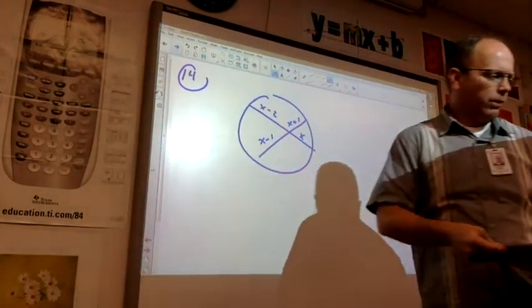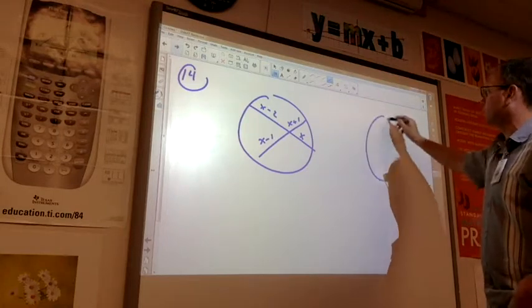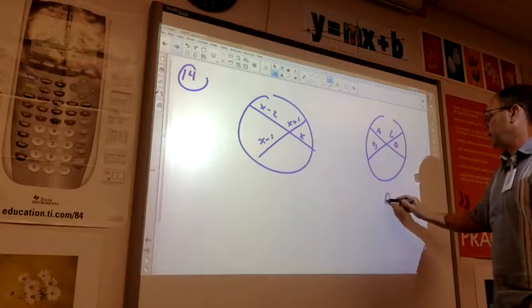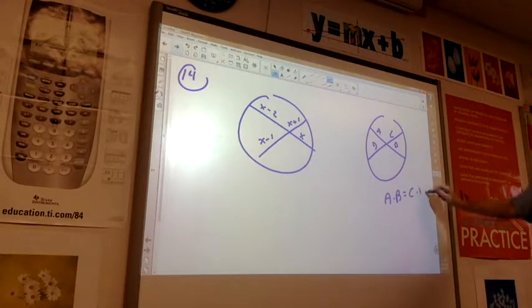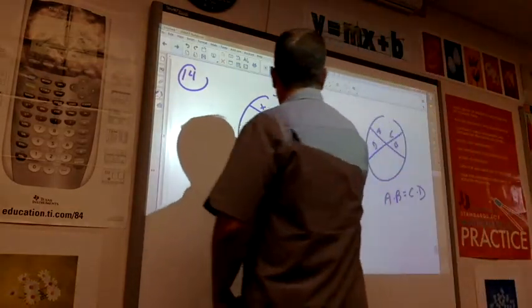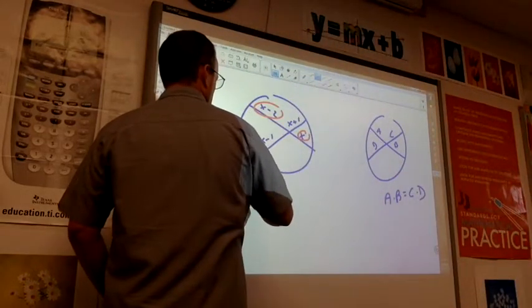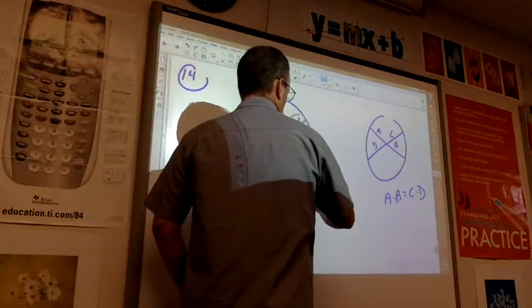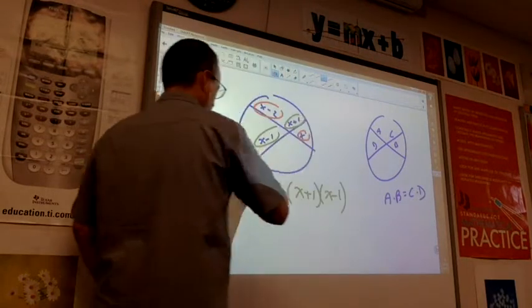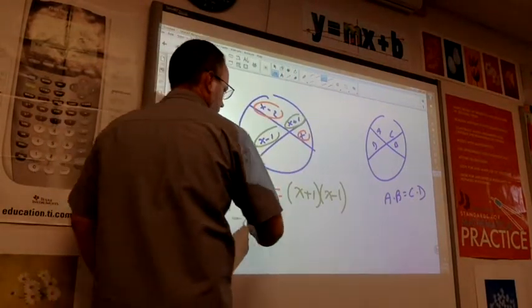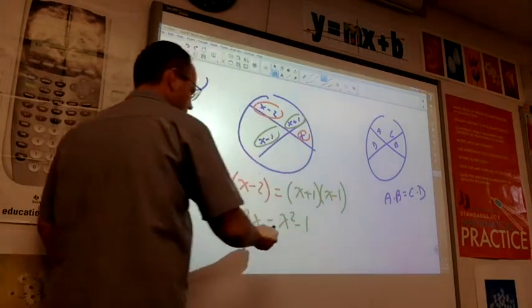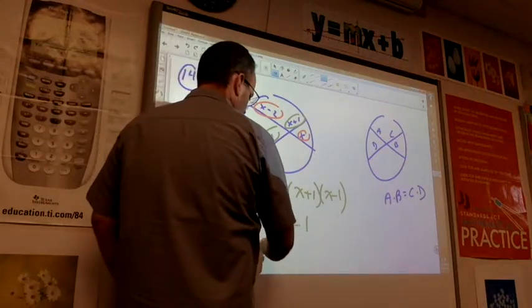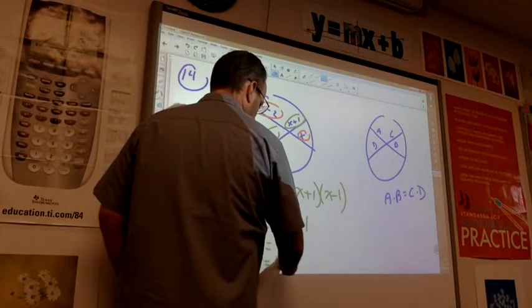The rule we have to remember with this, if they're interior segments, you had A, B, C, and D. It's A times B is equal to C times D. So with that known, it's this times this is equal to this times this. Distribute, so I get x squared minus 2x equals x squared minus 1. The x squareds cancel out on both sides. So I get negative 2x is equal to negative 1, so x equals positive half.